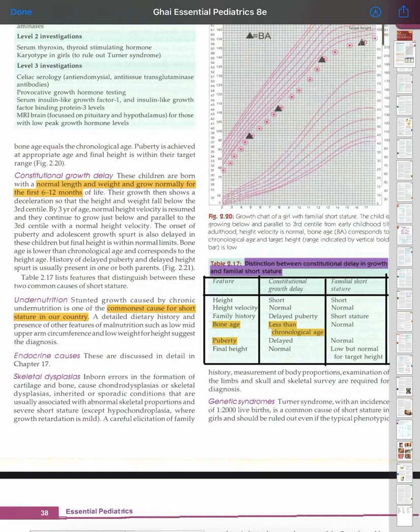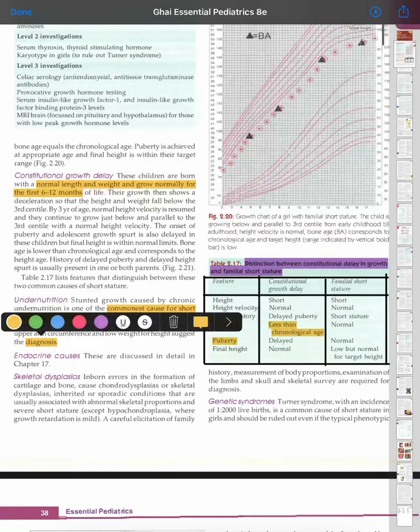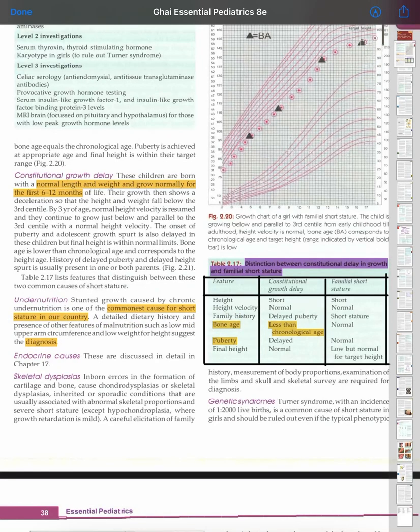For diagnosis, we have to take the mid-upper arm circumference and weight for height. Endocrine causes are discussed in detail in chapter 17.